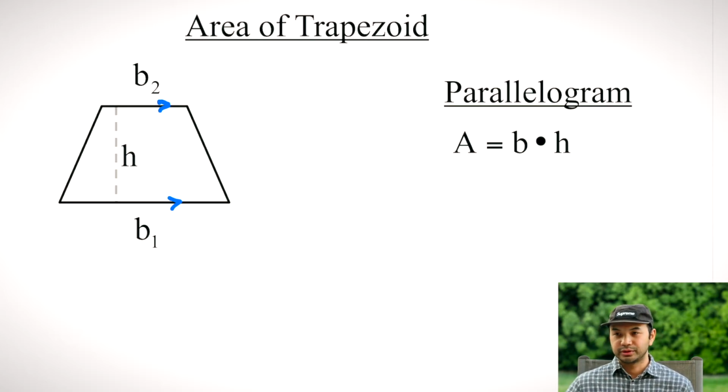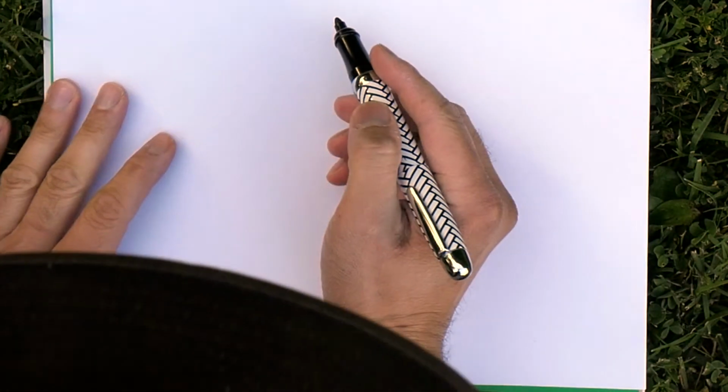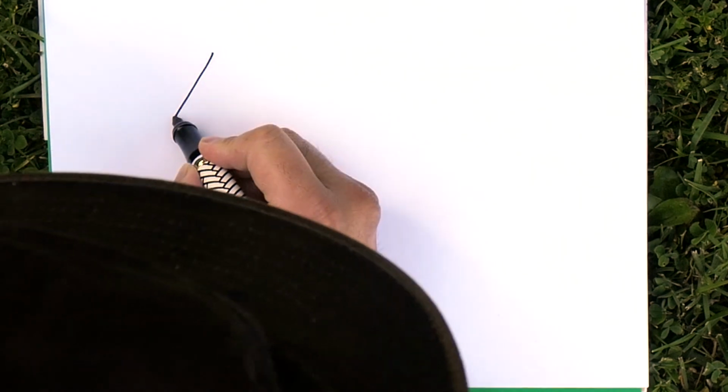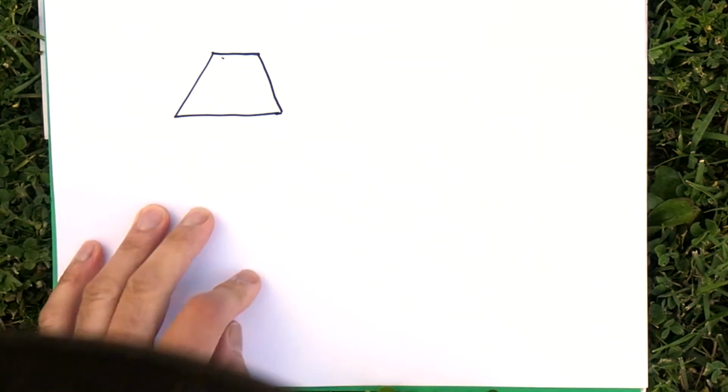Okay, so I'm going to show you what the formula for that is, but I'm for sure going to prove it. So maybe I'm going to cut to the proof of the area of a trapezoid and do that now. Okay, so I'm going to try to explain how to find the area of a trapezoid and how that's derived. So let's say you just have a trapezoid like that, right?